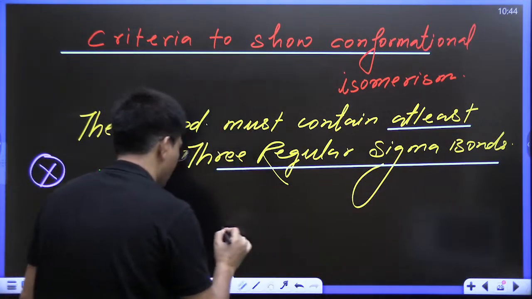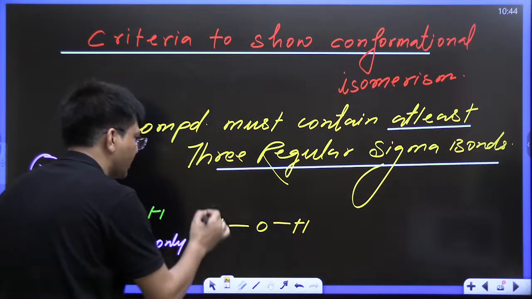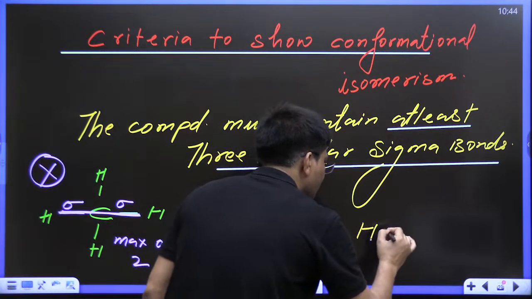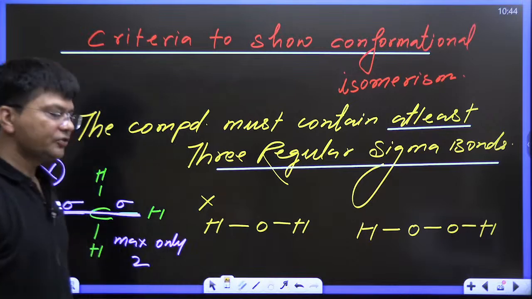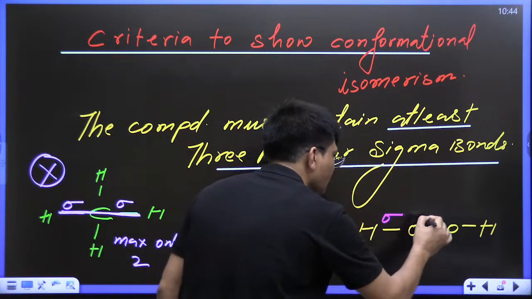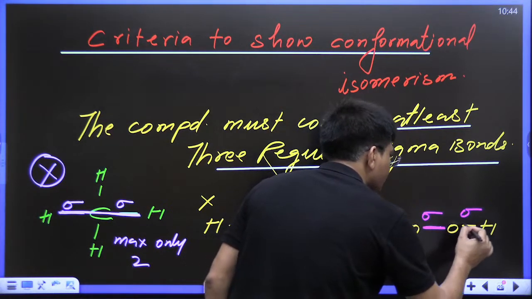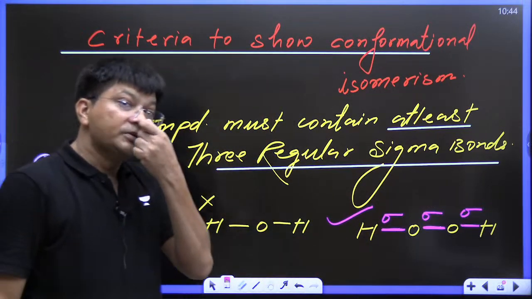If I give you the compound H2O, only 2 sigma bonds are there, so you can't. Now H2O2. How many maximum sigma bonds? 1, 2, 3. These are 3 regular sigma bonds. That's why H2O2, hydrogen peroxide, will show you conformational isomerism.